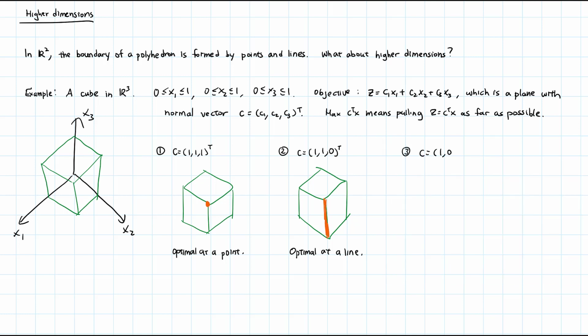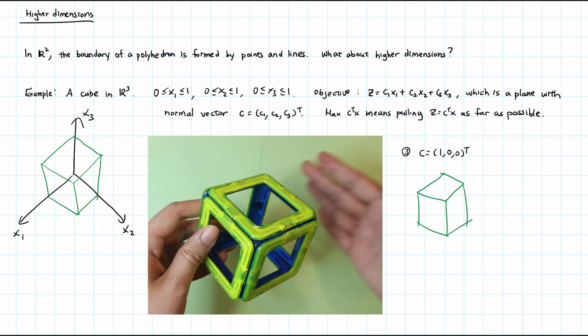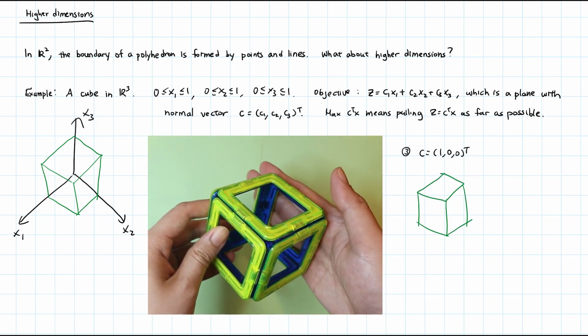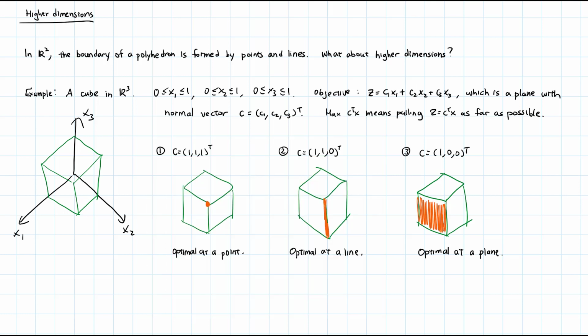If c is (1, 0, 0), then we are only pulling towards the direction of the x1 axis, and it will end at a plane, and everything in this square is optimal. More generally in R^n, we are pulling the hyperplane z equals c transpose x, of dimension n-1, in the direction of c.